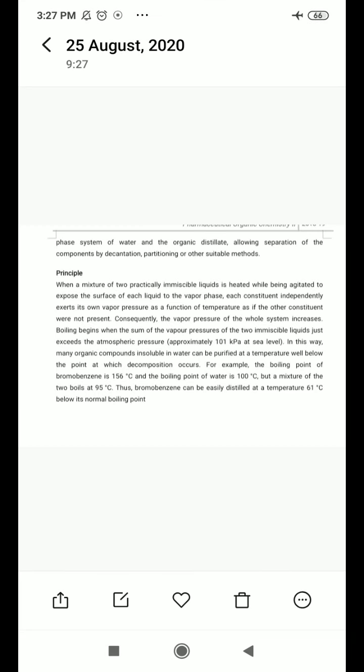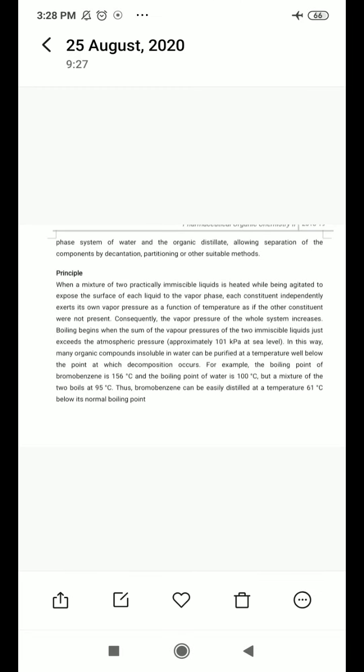Because the sum of the vapor pressures of water and bromobenzene is the total vapor pressure of that system. Vapor pressure of bromobenzene plus vapor pressure of water equals total vapor pressure. When this total vapor pressure becomes equal to atmospheric pressure, it boils. After boiling, it produces steam, produces vapors, and that can be condensed.